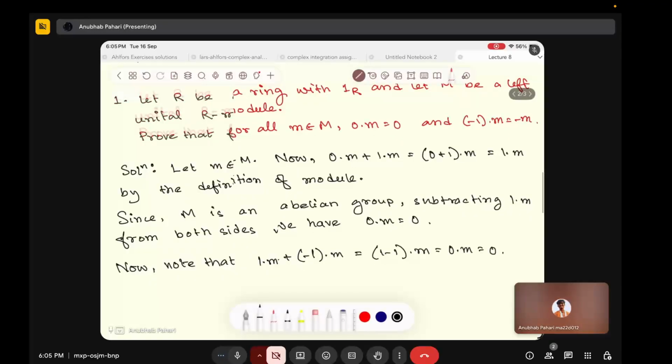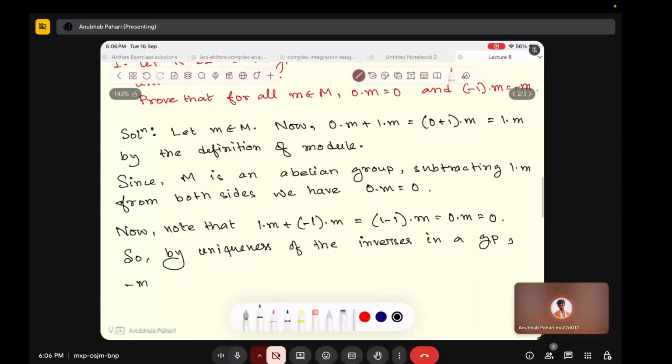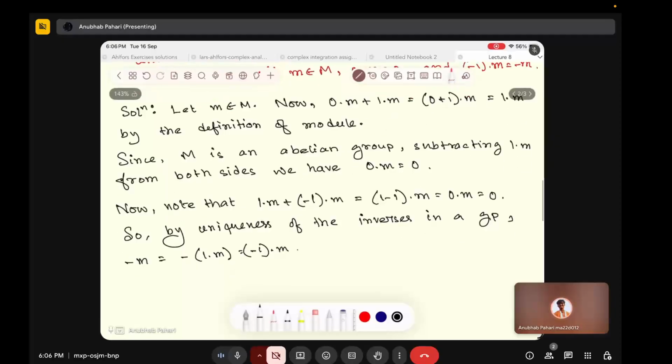So by uniqueness of inverses in a group, minus of m equals minus 1 dot m. So we are done.